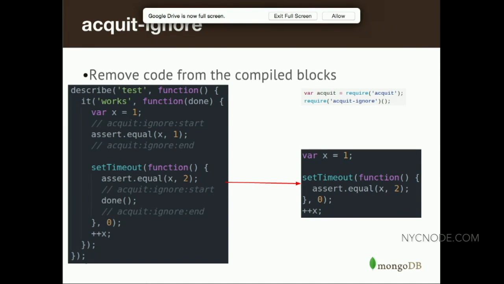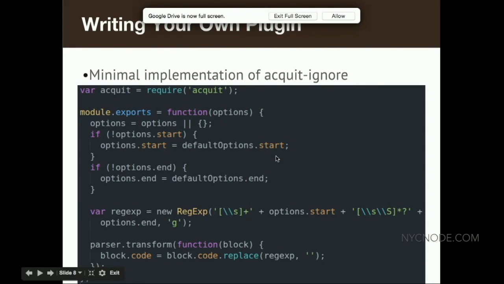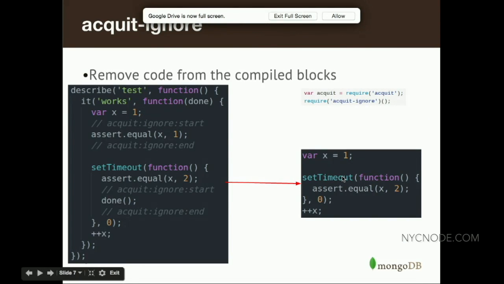So I wrote this little plugin called Acquit Ignore, which does basically what it looks like. Anything between Acquit Ignore start and Acquit Ignore end gets removed in the final output. So the sample code output from this will look like that.